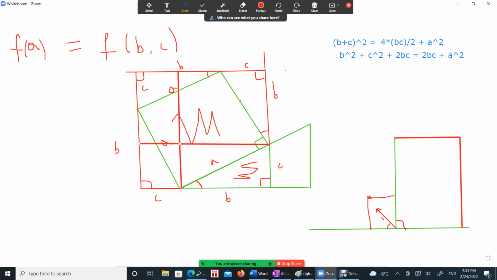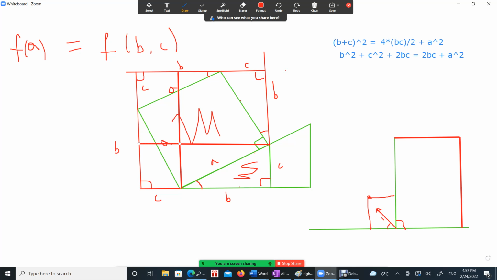Each of these is half of BC. So if we just try to distribute them again, considering that we would get the thing we had again, 4 of these would equal 2BC, and the remaining part of the figure seemingly would be A squared.